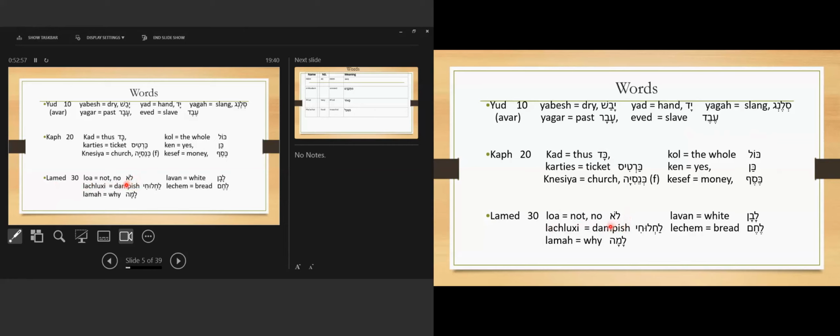But if I talk about the same house, I'm going to say zot bayit. Thank you. So if you're a male, you use the male. If you're a female, you use the female. But if you're using male and female together, then you will use the male word in the sentence. All right? Okay.